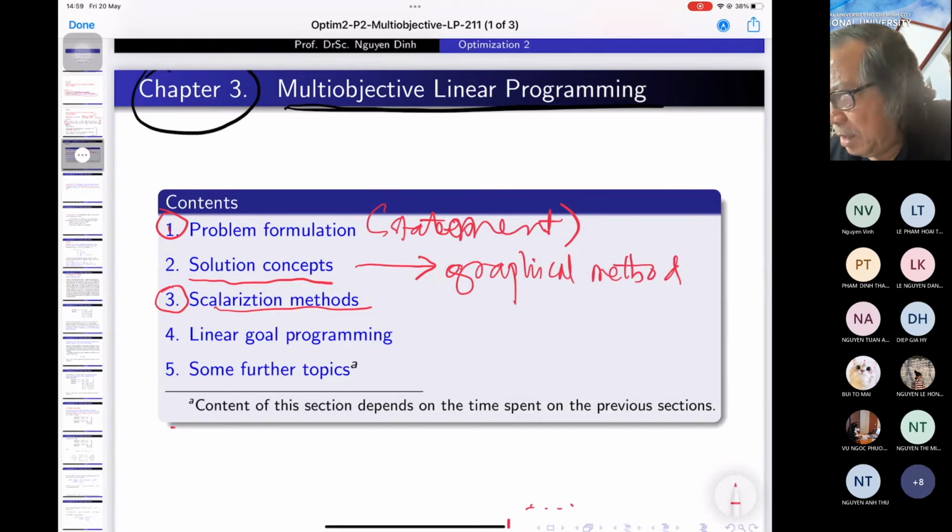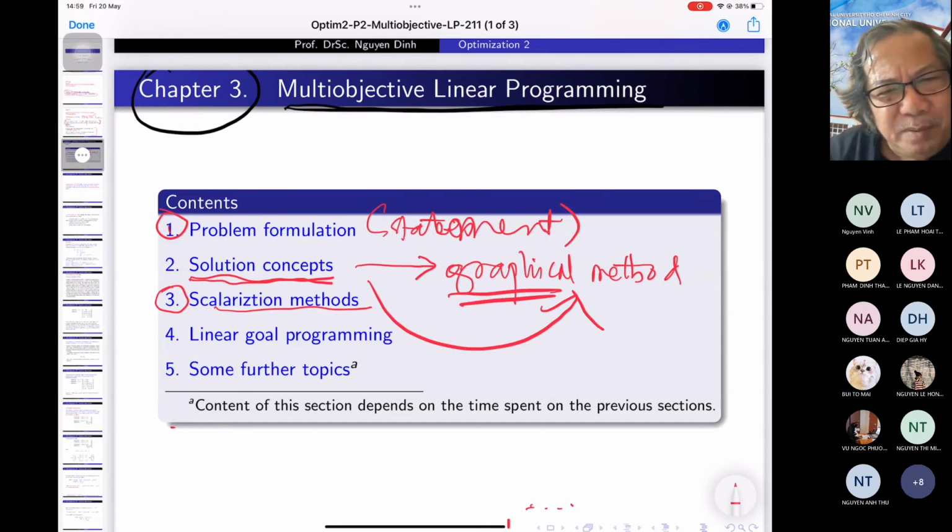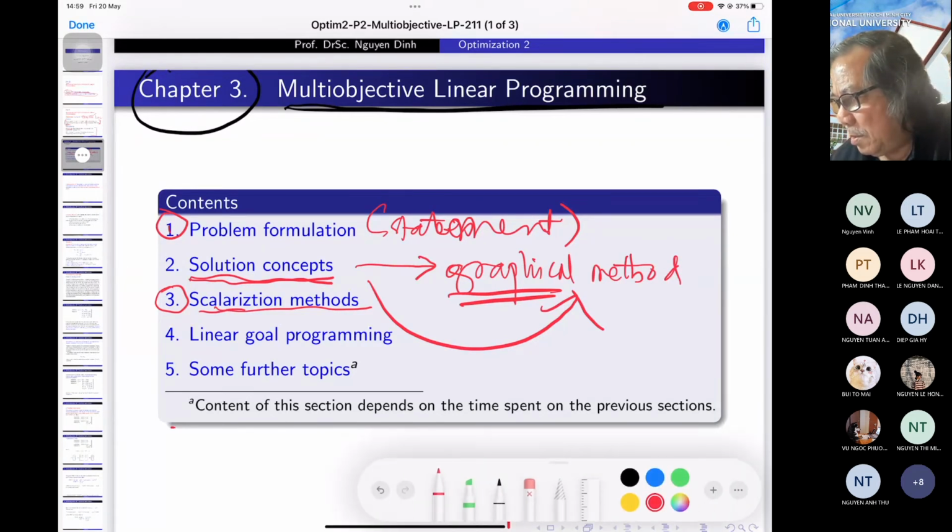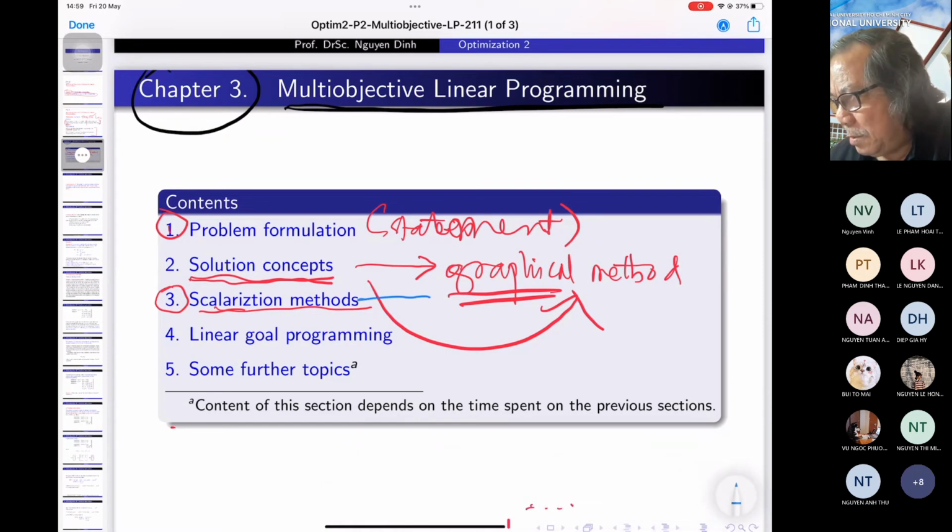Here we study the concept of solution, and then we solve it by a very special, very nice method, but just for a special problem. We call it the graphical method. And this is for the general problem.